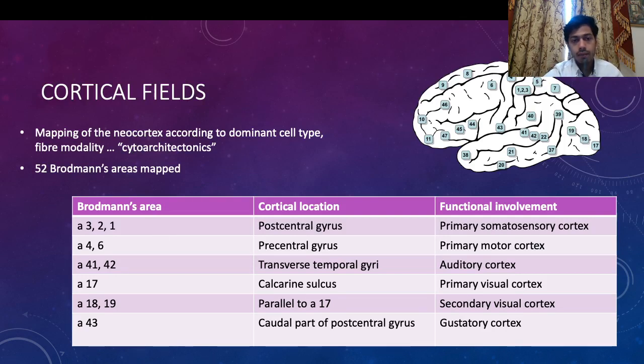So the most important areas that you need to learn are the areas that I've included in this table.